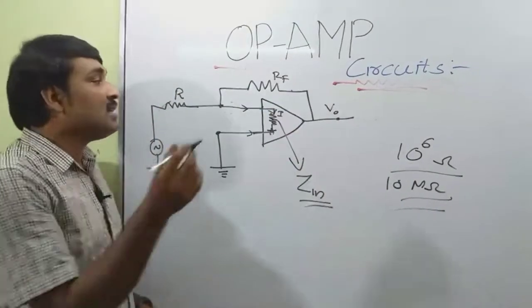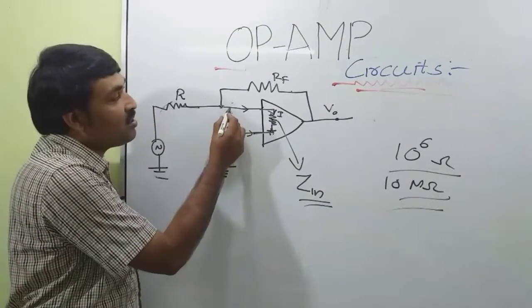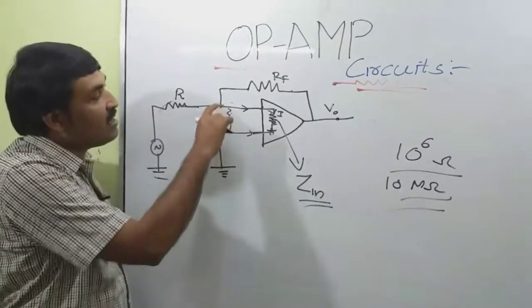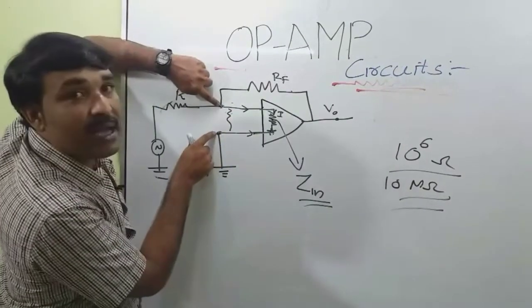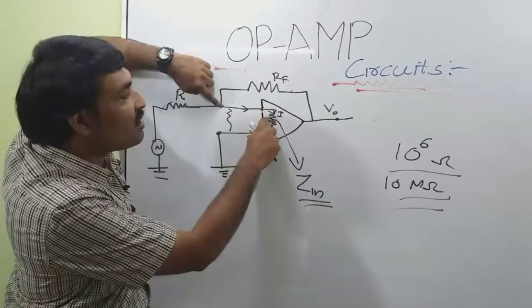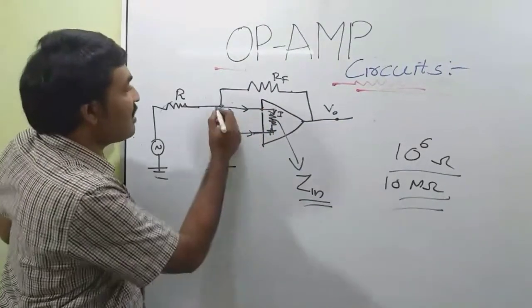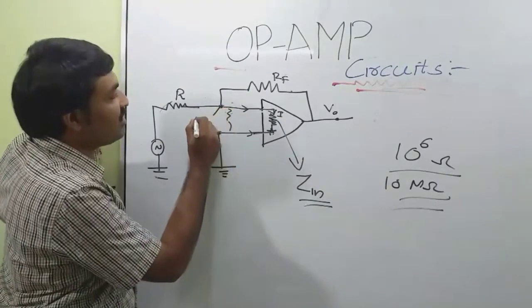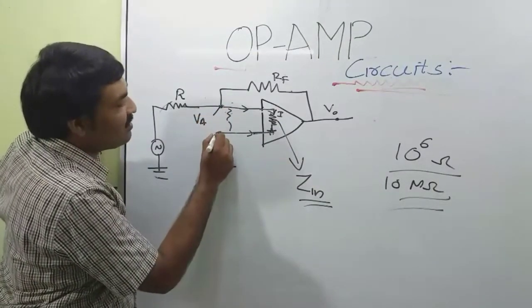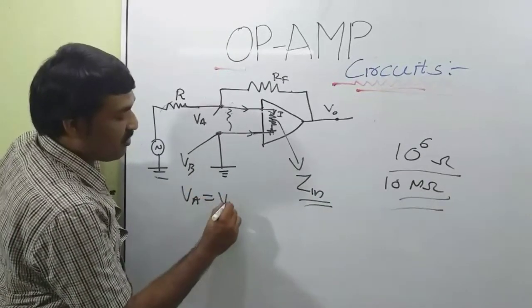No current flowing means potential at this point should be equal to potential at this point. So the potential difference between these 2 points is equal to 0. Difference 0 means no current will flow inside these negative or positive terminals. That happens when the potential at this point, say this is VA and this is VB, so VA is equal to VB.